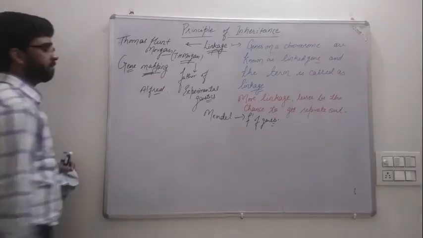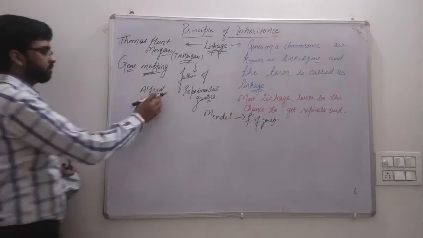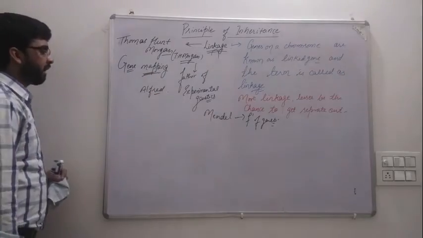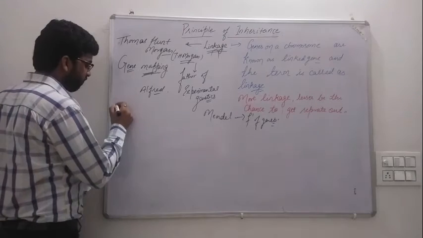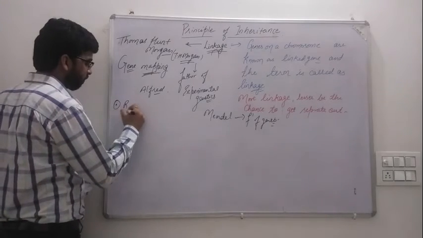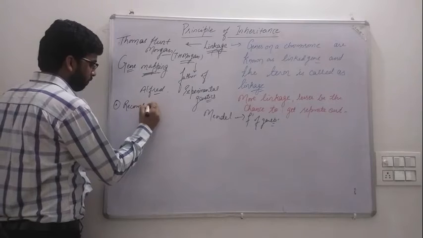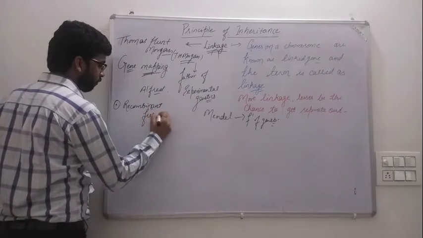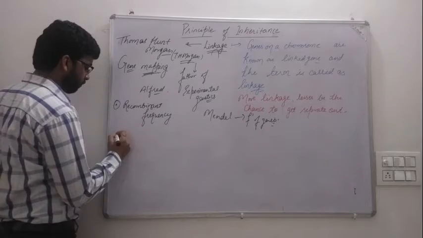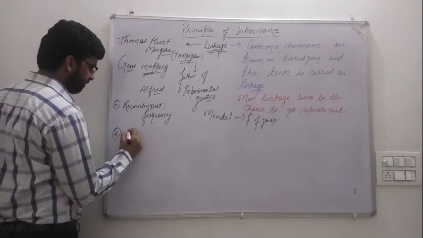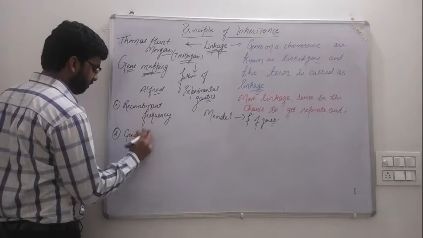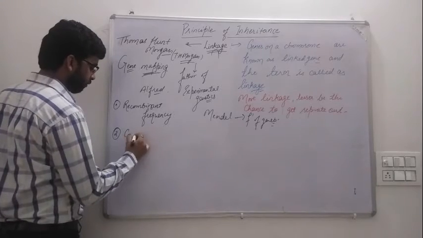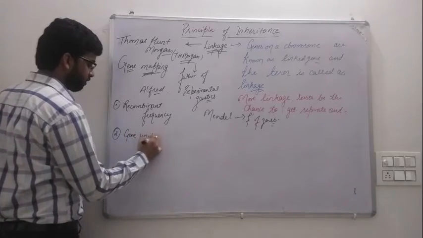First of all, gene mapping. Gene mapping was given by Alfred. First of all, he gave the term recombinant frequency, and the second term is gene unit.